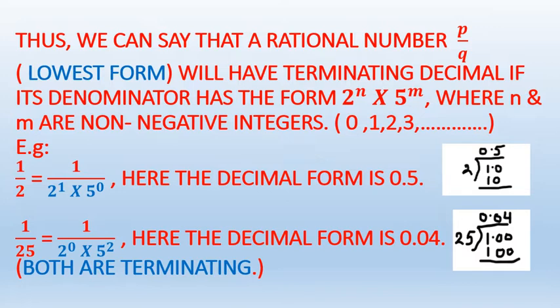Here again, the denominator will be in the form of 2 to the power 0 multiplied by 5 square, and the decimal form is 0.04. So clearly we observe that for every terminating decimal, the rational number will have the denominator in the form of 2 to the power n multiplied by 5 to the power m.